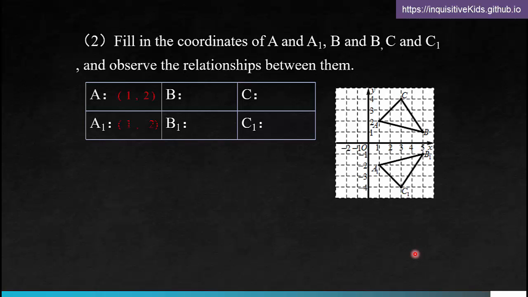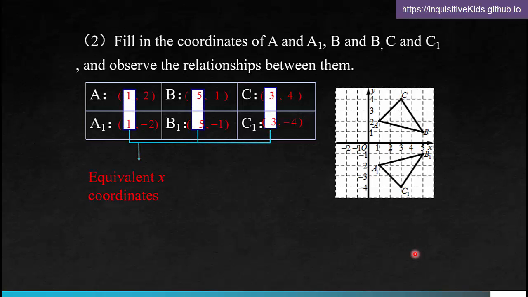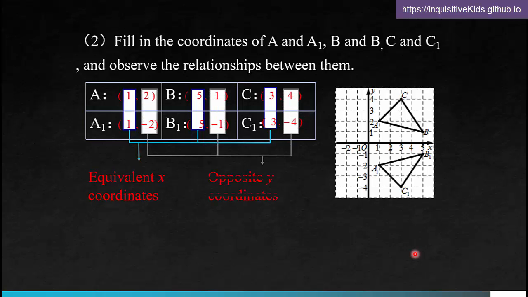So here are the coordinates for A, A1, B, B1, C, and C1. First, think about what you notice between their different coordinates. Two distinct patterns that you might have noticed are that their x-coordinates are equivalent and that their y-coordinates are opposite.